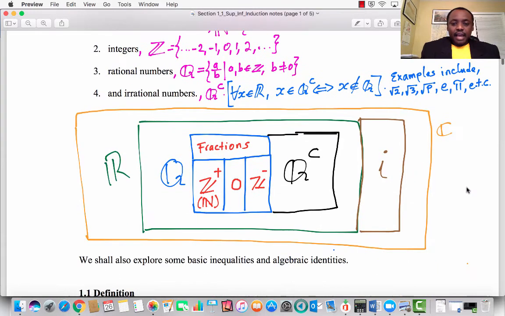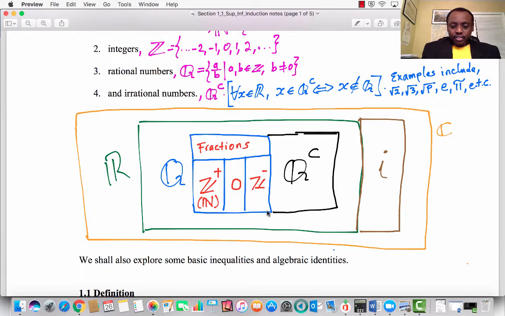I use this little diagram to illustrate the relationships between the various subsets of R. Here we have 0. We have the set of positive integers, the set of negative integers, and these three constitute the set of integers. Now, if I include fractions to that set, I get Q, the set of rational numbers.